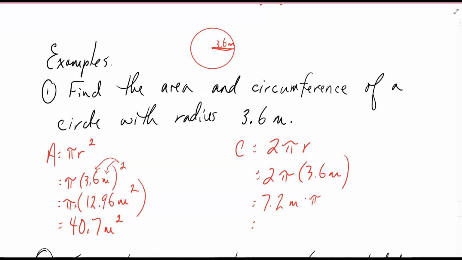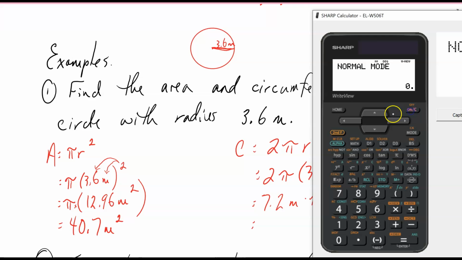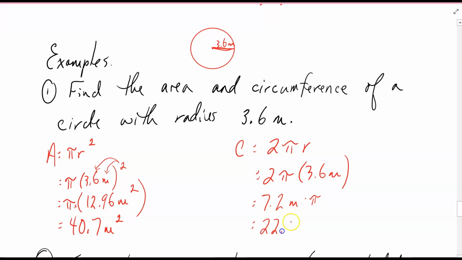All right, with the calculator now. 2 times 3.6 times pi equals, change it to decimal, 22.6 meters. That's linear, not area.